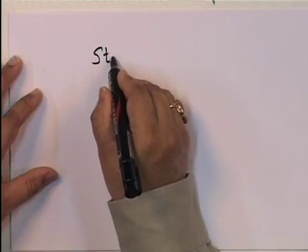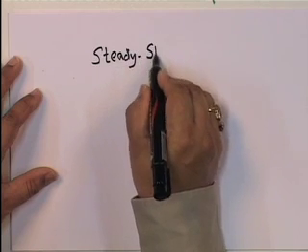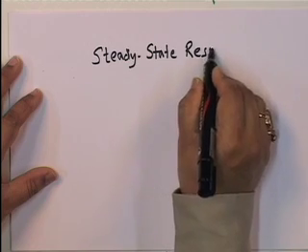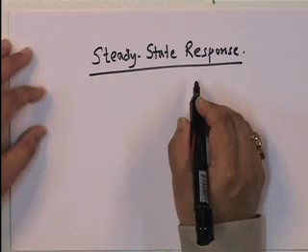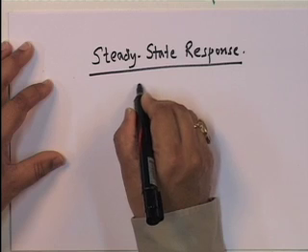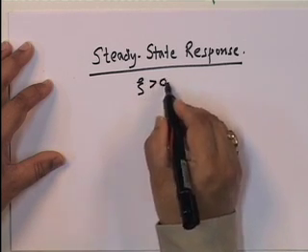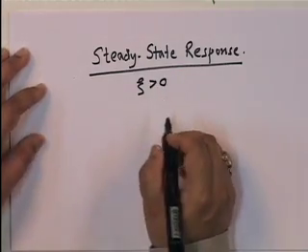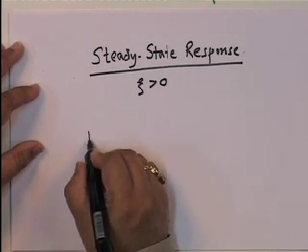And therefore, the steady state response takes up a large role in determining the response of a single degree of freedom system to harmonic excitation. This is true as long as xi is greater than 0. It cannot be 0. Steady state response makes sense, and steady state response is given in this form.